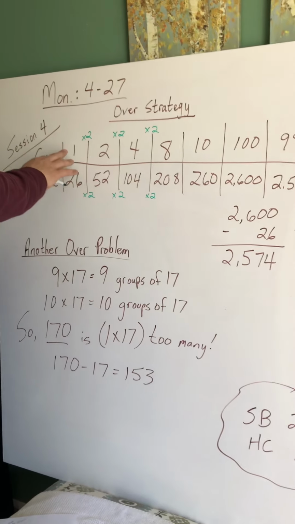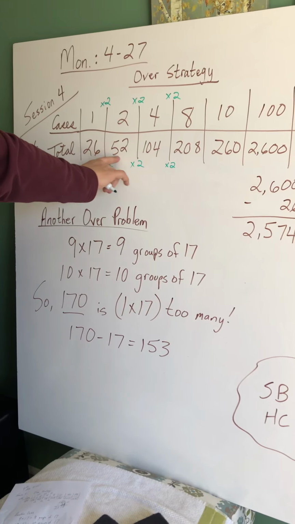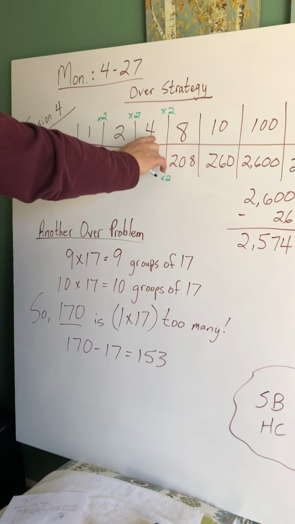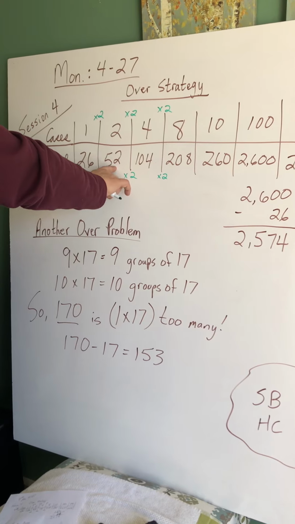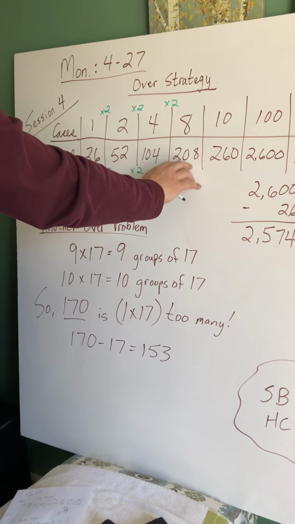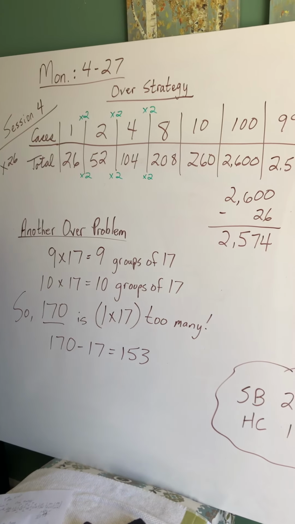So one case is 26, 2 is 2 26s or 52. Now we double again up to 4 cases, and now that's 52 times 2 or 104. And then times 2 again gets us to 8 cases of water, 208 bottles.